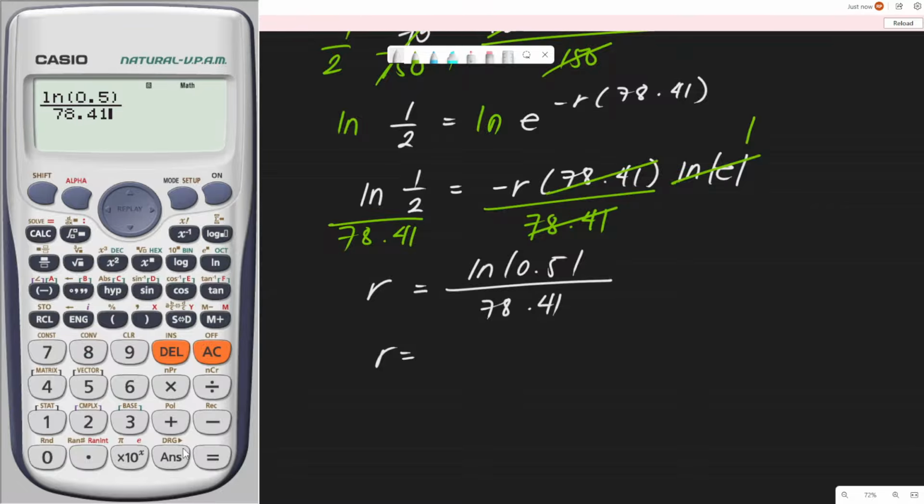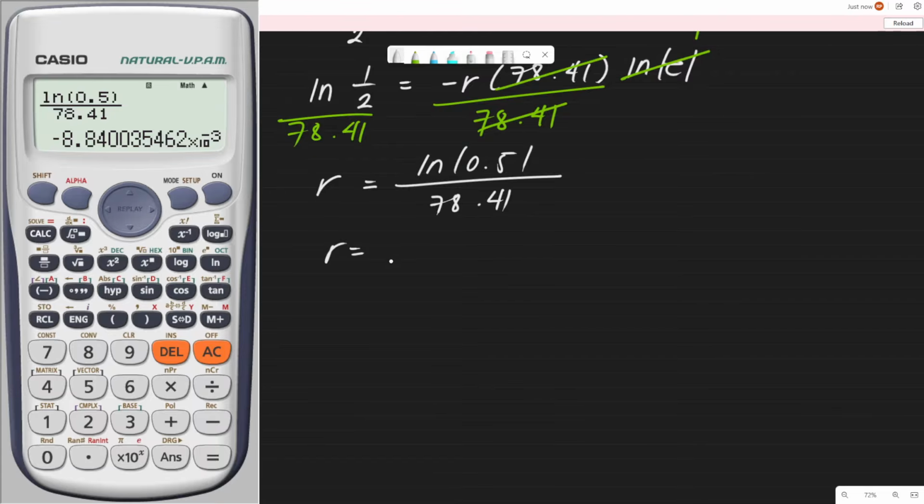That is equal to negative 8.84 times 10 raised to negative 3. Let me write that: negative 8.84 times 10 raised to negative 3.